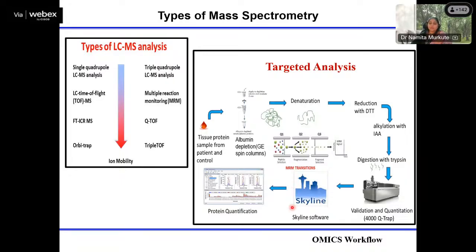And there should be some software which can identify and quantify. So in proteomics, Skyline software is used to identify and quantify these targeted proteins. So this is what targeted analysis is. Similarly it is done in metabolomics and lipidomics, but only the software changes.